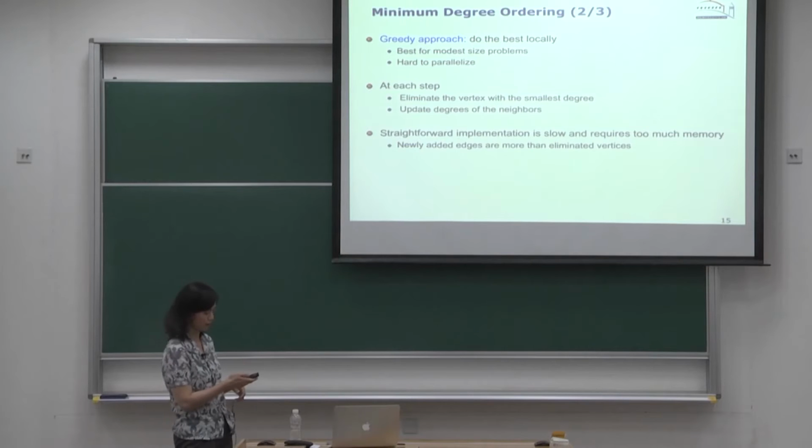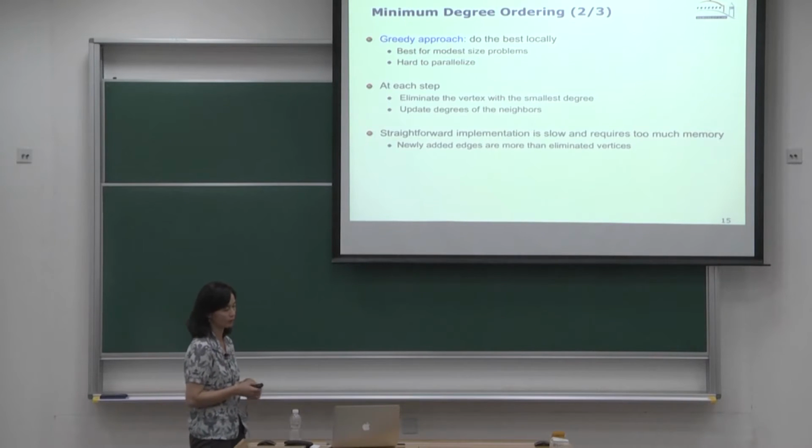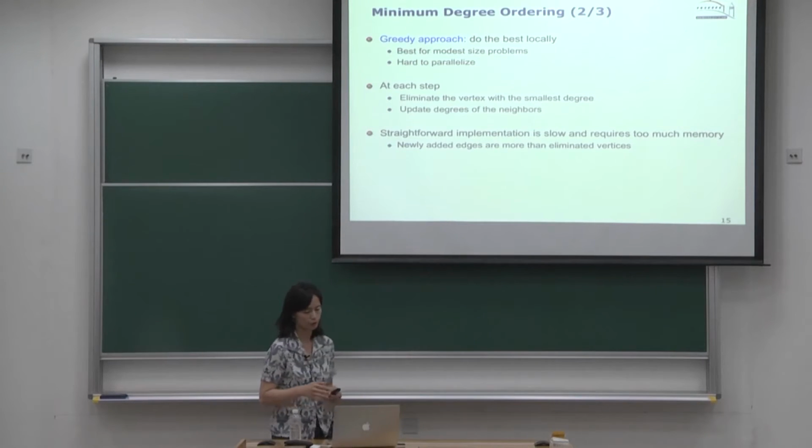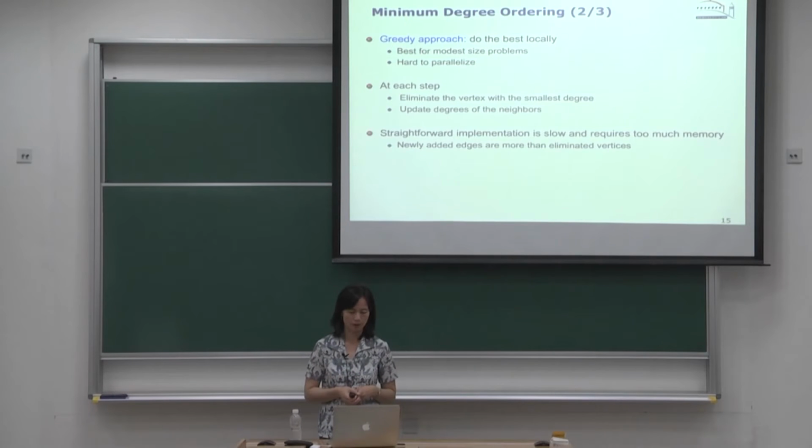This is the greedy approach, meaning that you try to do the best locally. Every time you look at the local picture and try to find the best optimization to minimize the fill generated at this particular step.